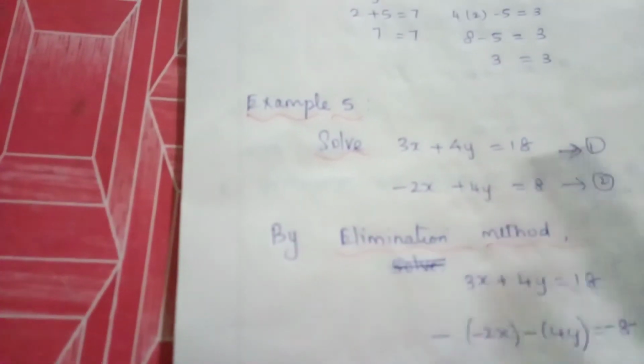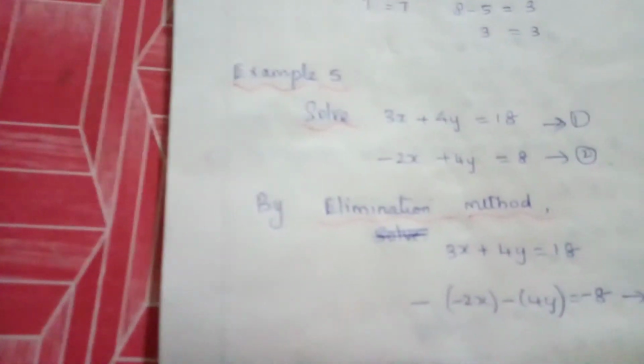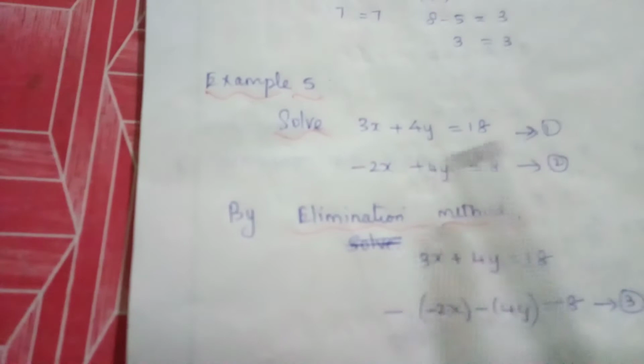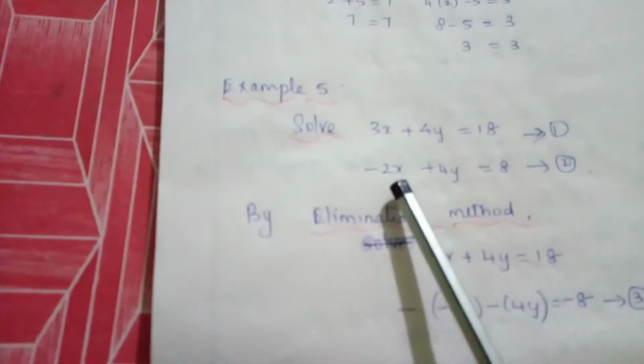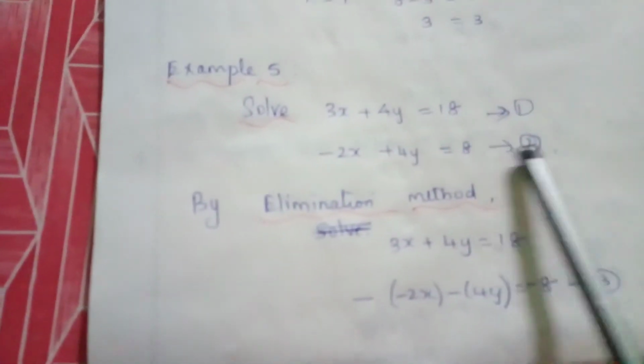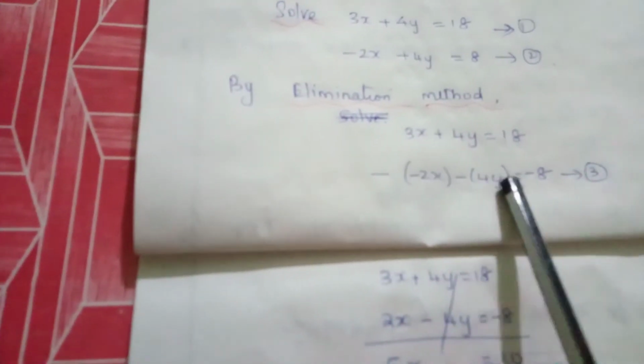The next example, example 5, solve by the elimination method. We'll do it now. 3x plus 4y equals 18 is the first equation, and minus 2x plus 4y equals 8 is the second equation. By the elimination method, in the second equation we have to negate all the terms, and then do the next step.